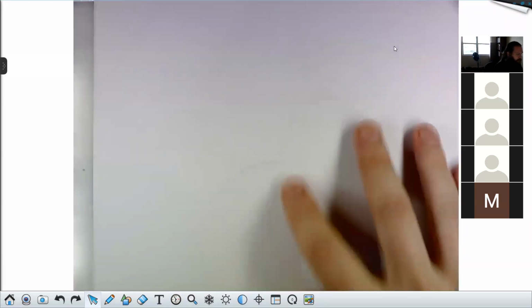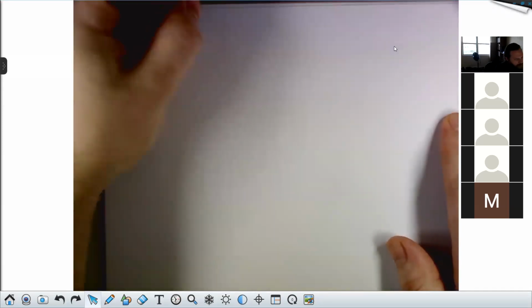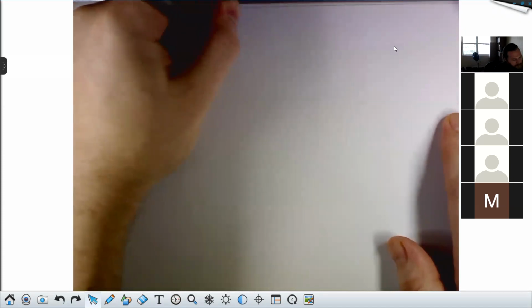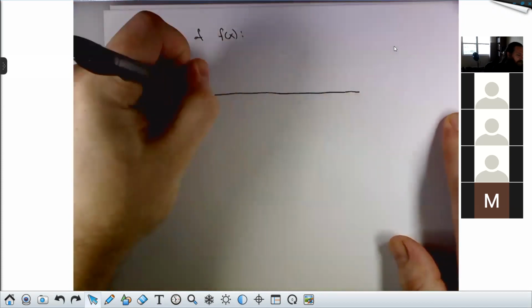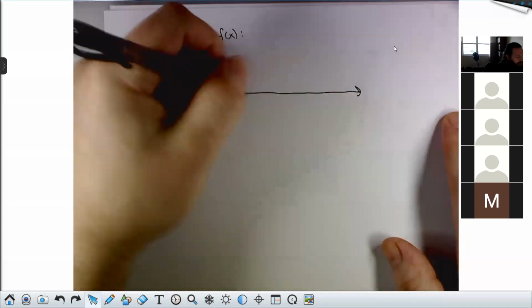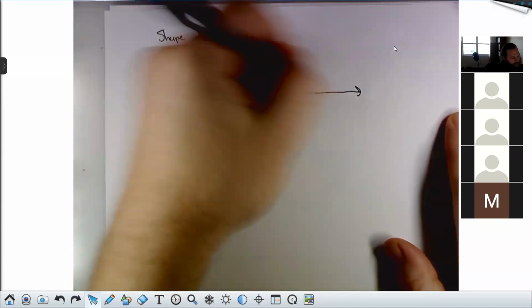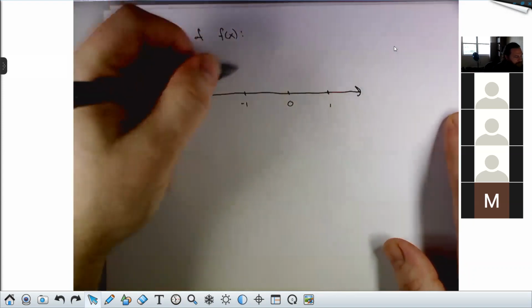I'm going to take all of this and put it into a number line for the shape of F. So on this last number line, I'm going to put all of the numbers on any of the previous number lines. We've got negative 1, 0, and 1.